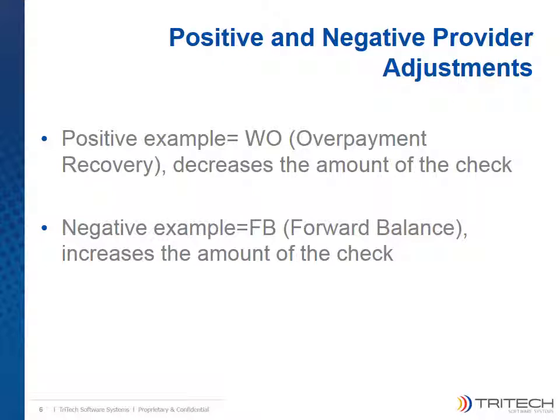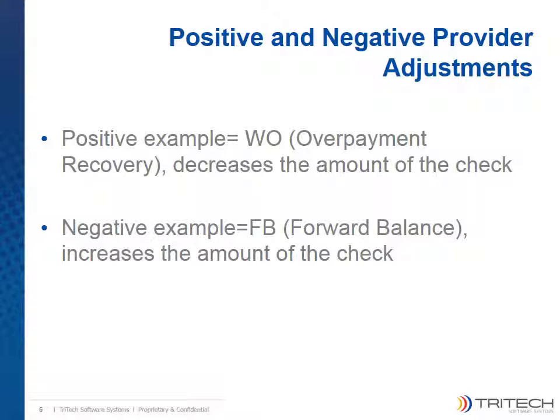A negative provider adjustment amount will increase the amount of the check, while a positive provider adjustment will decrease the amount of the check. A common example of a positive provider adjustment is a WO, or overpayment recovery. This is an adjustment that reallocates money that was typically carried forward from a previous remittance via an FB, or forward balance adjustment.